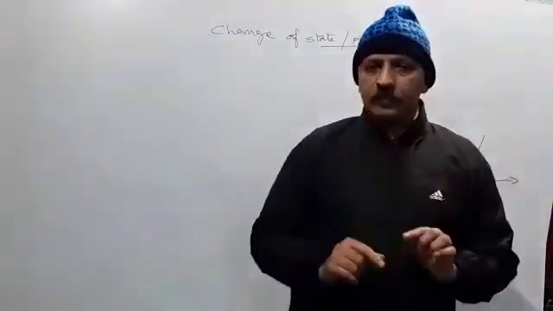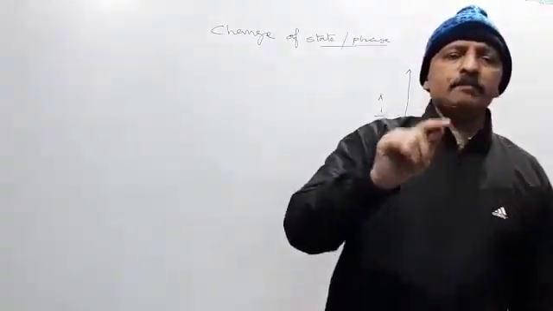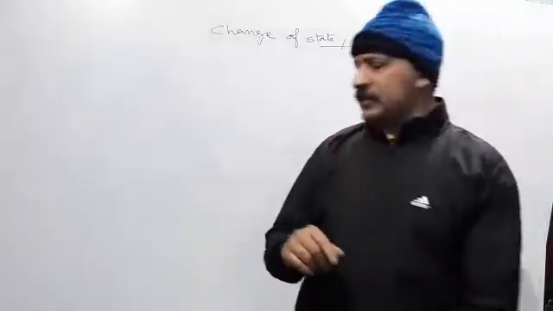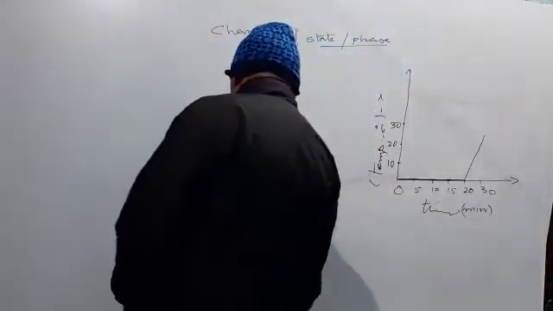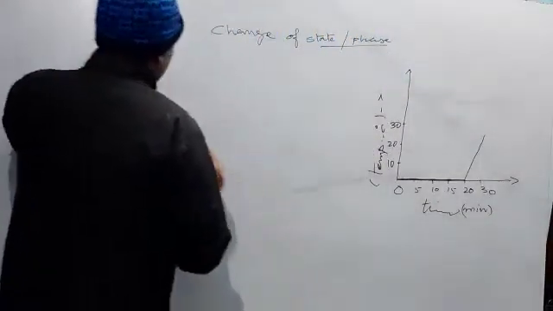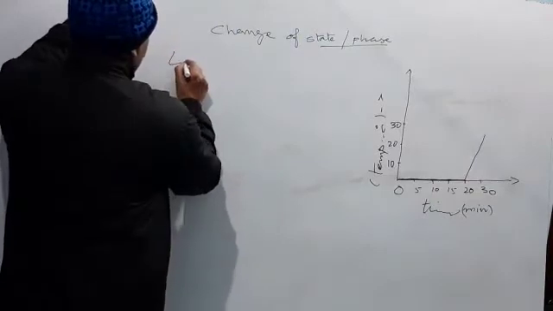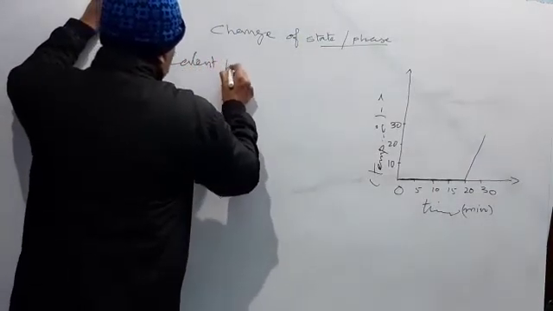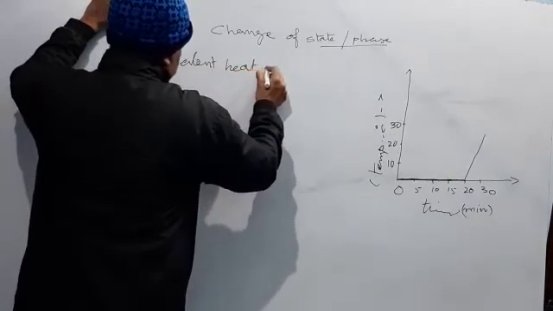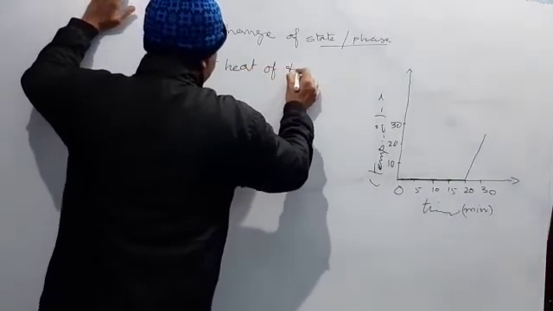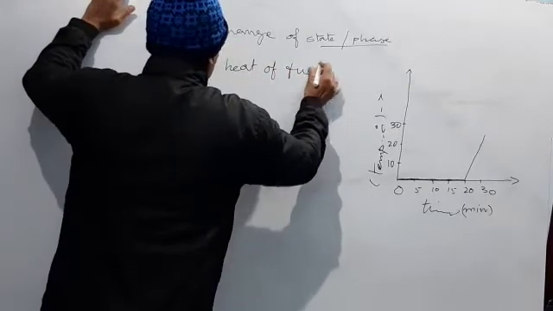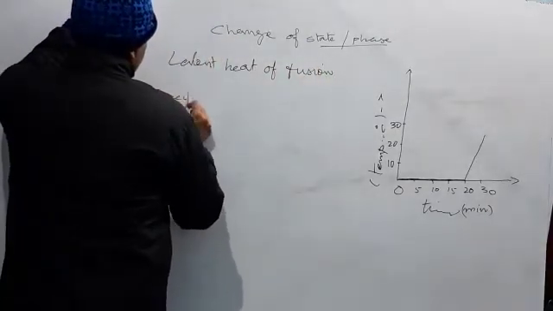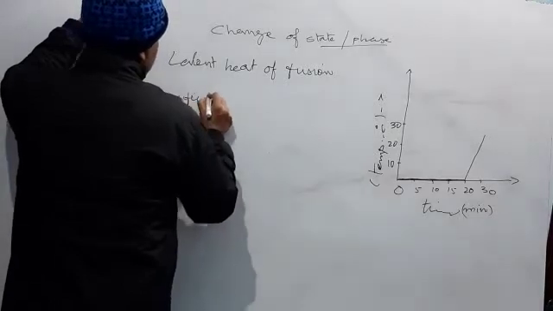And this latent heat is specially mentioned for unit mass of the substance. So two terms are there, latent heat and specific latent heat. Latent heat of fusion and specific latent heat of fusion.